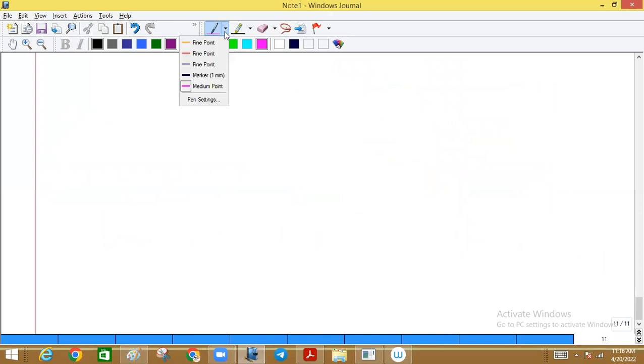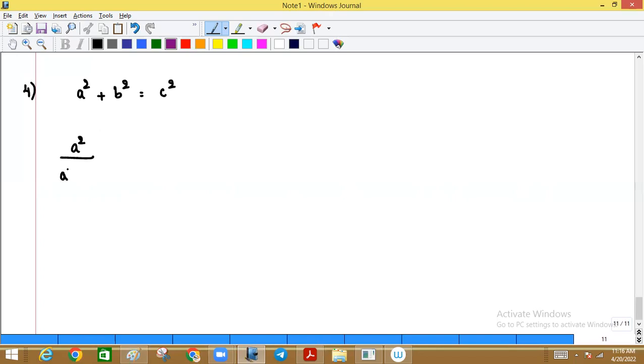Tell me what is Pythagoras rule? What's the Pythagoras rule? A square plus B square is equal to C square. You divide it by A square B square.